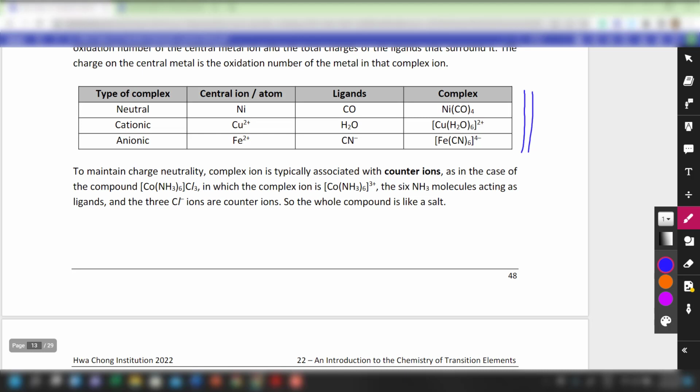For example, this particular complex we call the hexaammine cobalt 3 complex. There will be 3 chloride ions present. Sometimes things can get a little bit complicated because the chloride counter anion can also act as a ligand.